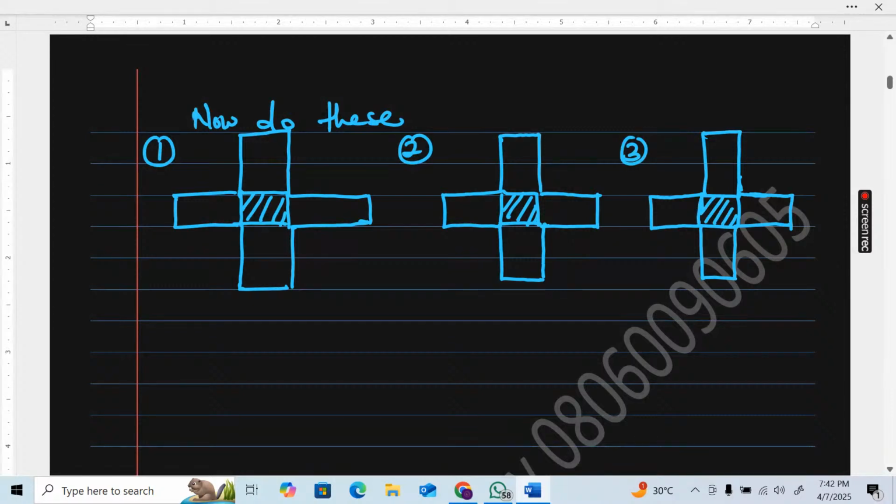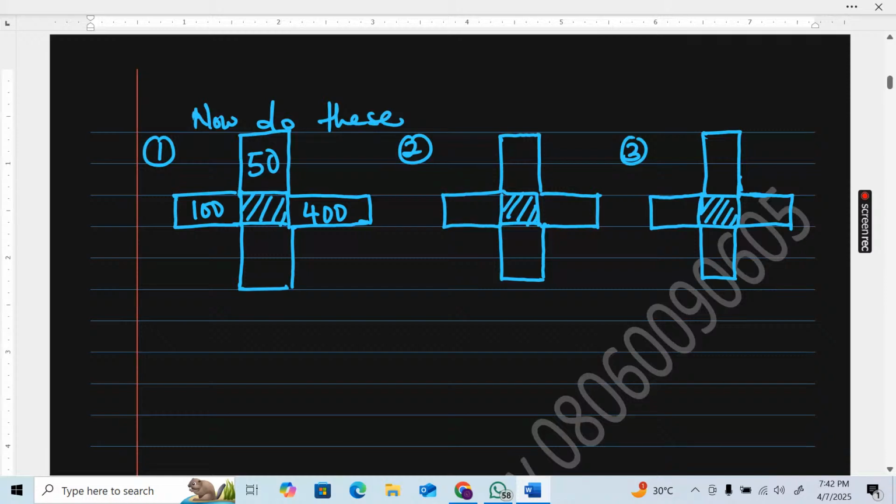Now let's see what we are going to have in the diagram. In the first diagram, we'll be dealing with large numbers. I have 50 above, 100 on the left side, and 400 on the right side.